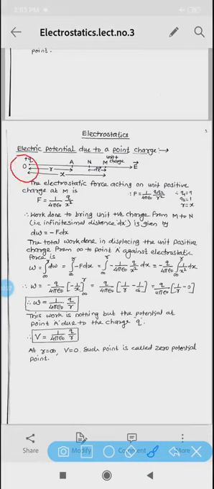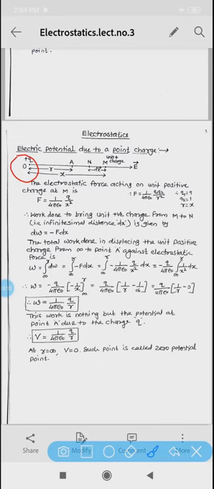because of this charge the electric field is produced near this charge. Suppose M is any point where the unit positive charge is placed. Again, both the charges are positive because this is unit positive charge and this is plus q charge.